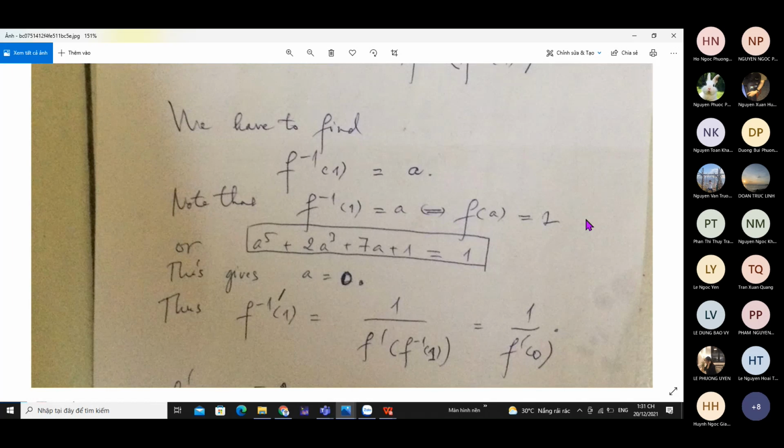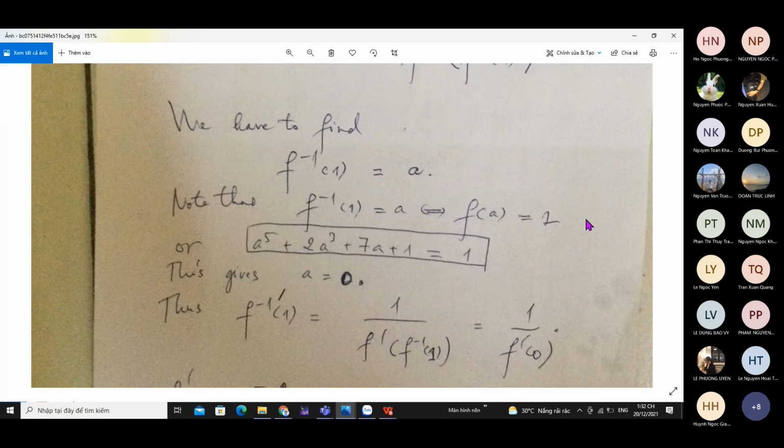So just keep in mind that if the function f is strictly increasing, and if the function f is differentiable, which is equivalent to f prime of x positive, then f is a one-to-one function. All clear, guys?